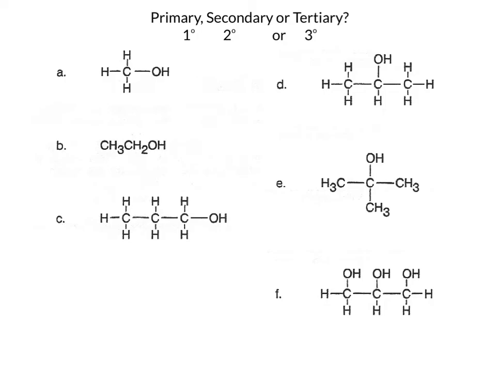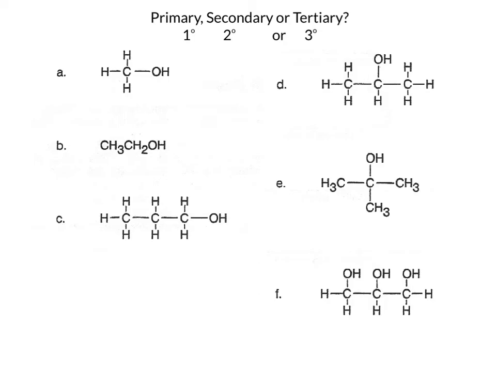On to compound C. When we look at compound C, we find the hydroxyl. We look at the carbon it's attached to, and we count how many carbons are directly attached to it. You should see that there's only one carbon attached to it. There are two other carbons, but only one is attached to the carbon that has the hydroxyl. This is again a primary alcohol.